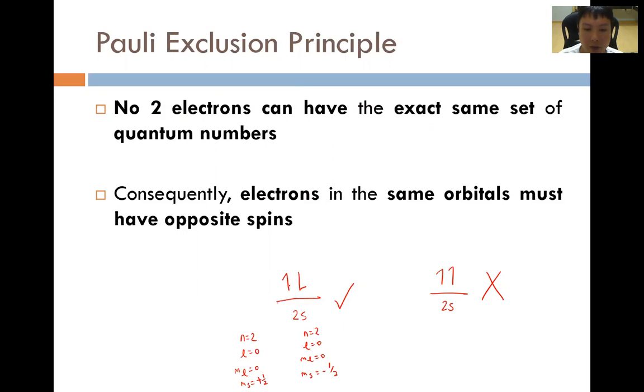Therefore, these two electrons will not have the exact same set of quantum numbers because of the ms spin quantum number. However, for this case, both electrons will have the exact same set of quantum numbers, which will violate the Pauli exclusion principle, since it states that no two electrons can have the exact same set of quantum numbers.